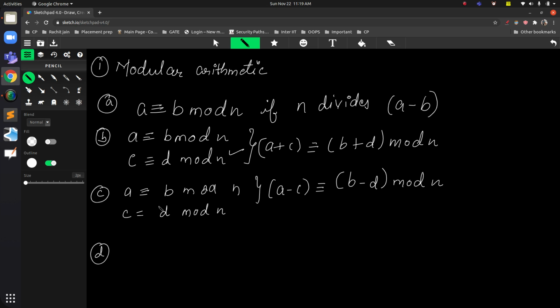And the last one, which is not actually the last one. There are quite many interesting properties of modular arithmetic, but I am taking only those which will be helpful for our algorithms.